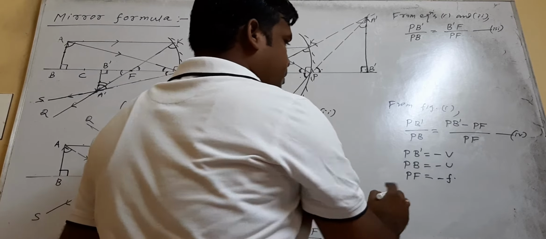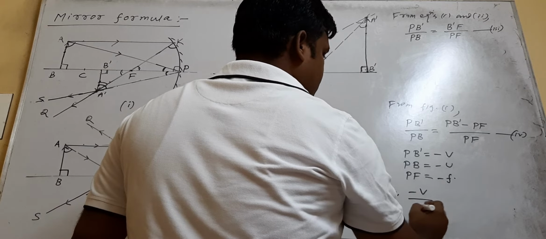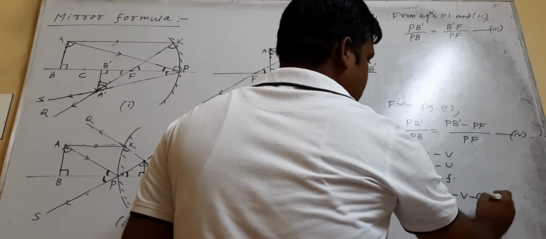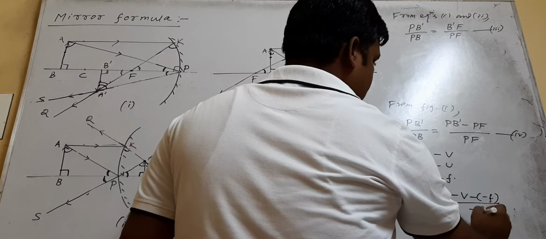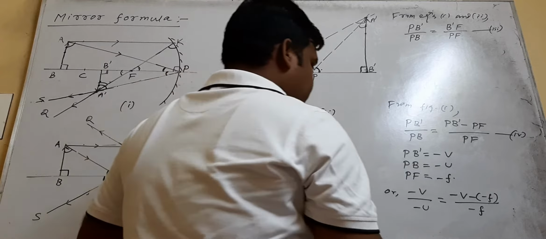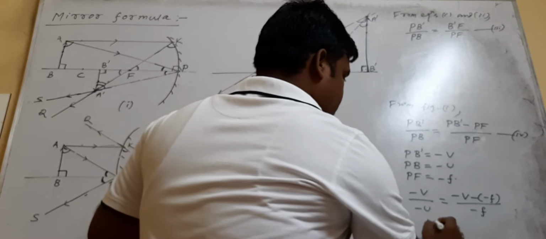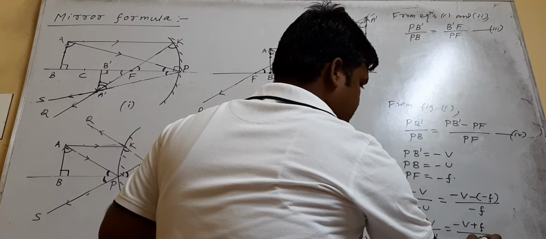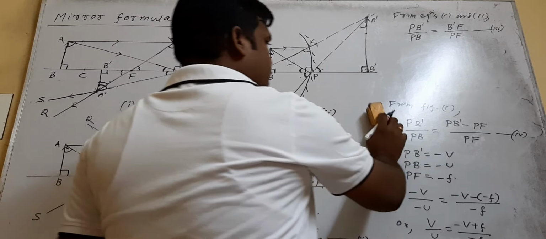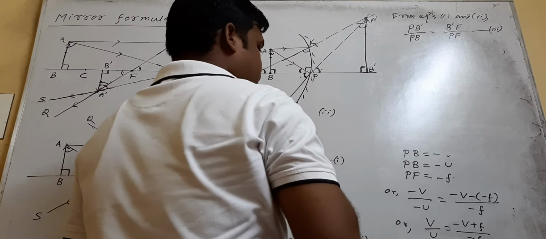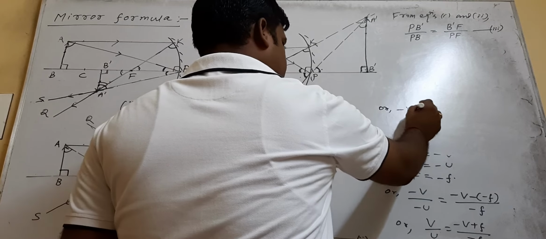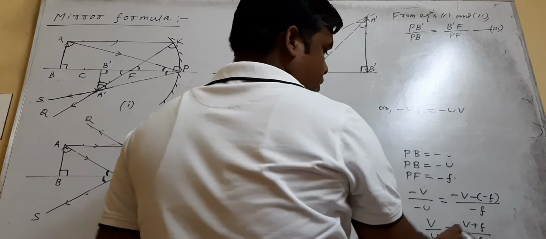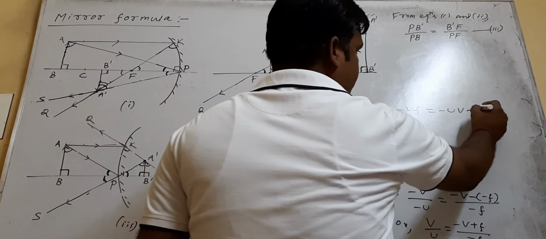What will you get? Minus V by minus U is equal to (minus V minus (minus F)) divided by minus F. This is equal to V by U, equal to (minus V plus F) by minus F. Now you cross multiply: minus VF minus UV, then plus UF.